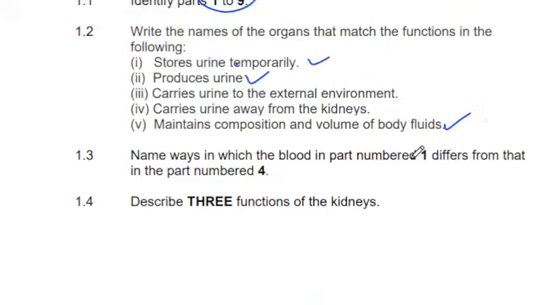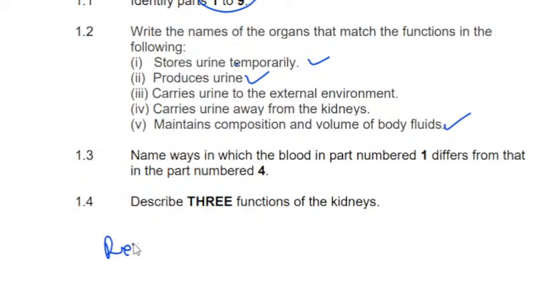Then if we go to the next question, they are saying: describe 3 functions of the kidney. When you talk about functions of the kidney, here we are talking about removal of nitrogenous wastes.